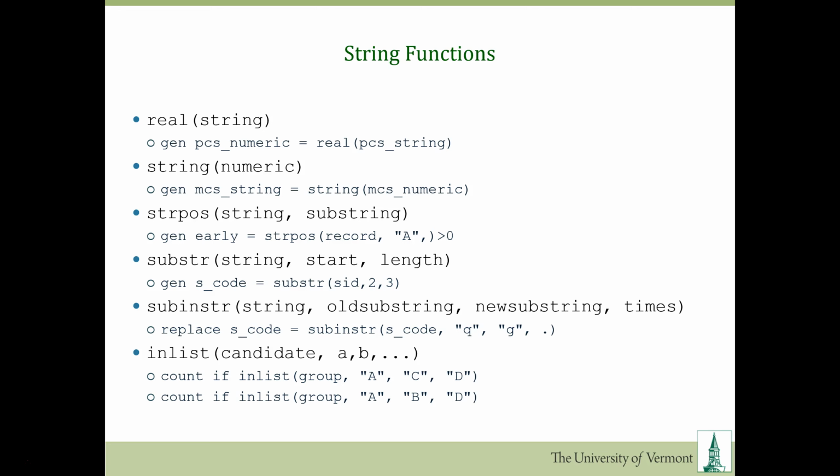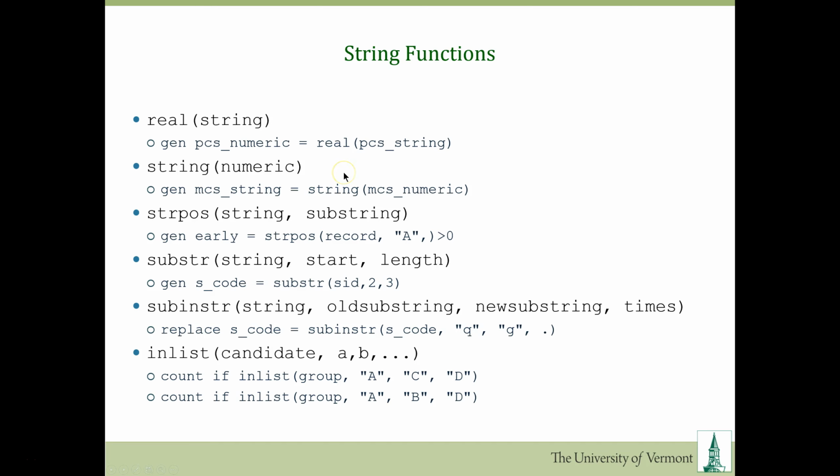Here's some more functions. These concentrate on strings. So if you've got a string variable that happens to contain numerals, for instance, instead of saying the current year of 2019, it's got 2019 represented as the characters rather than the number. Well, you might want to convert that to a real number.